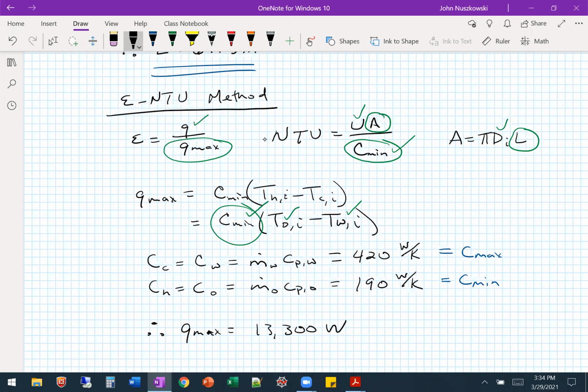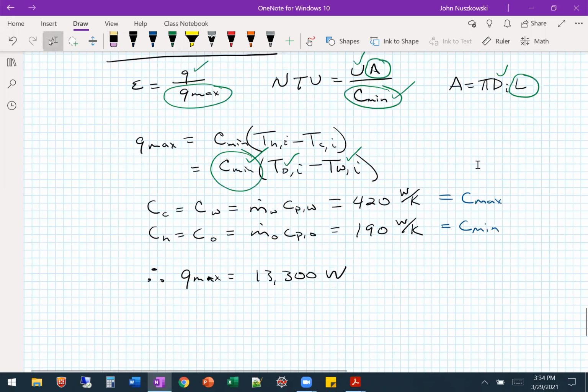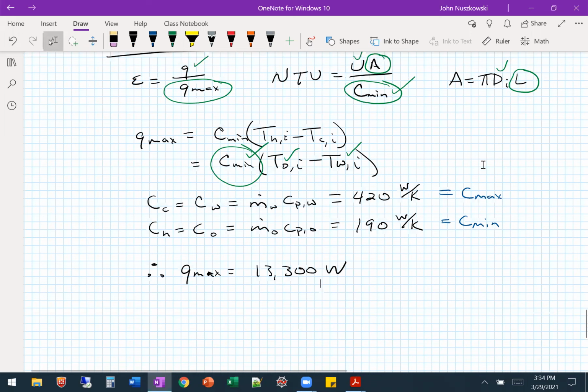All right, so we get our Q max, 13,300 watts. That's the most that could be transferred with an infinitely large heat exchanger.